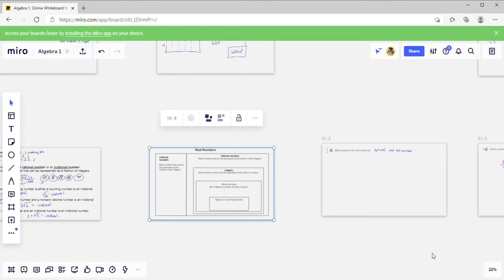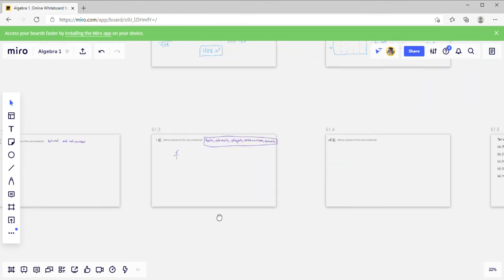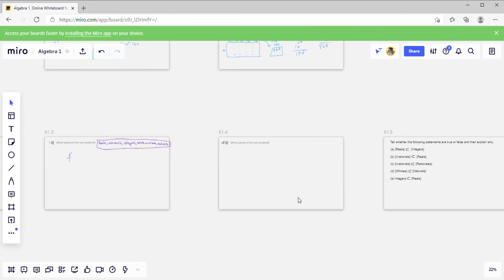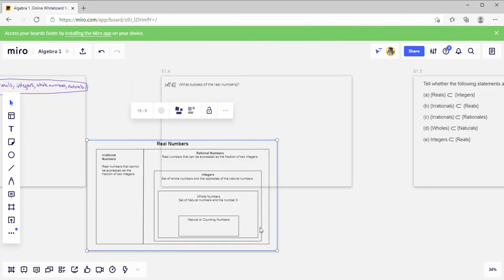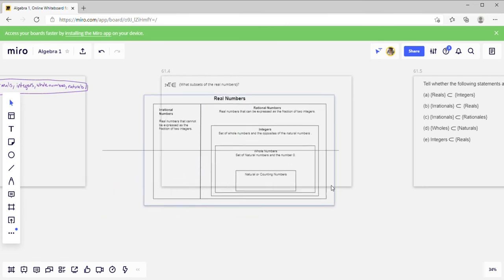Okay. Go back to our question. All right, here's our chart so that we can look at it.